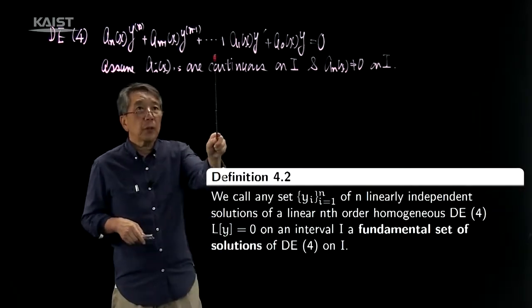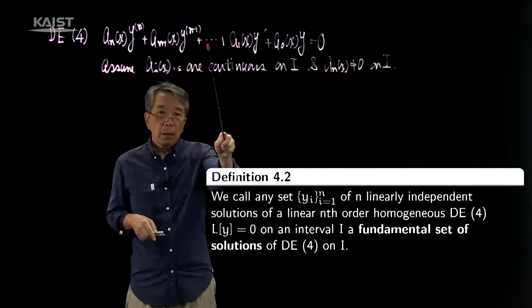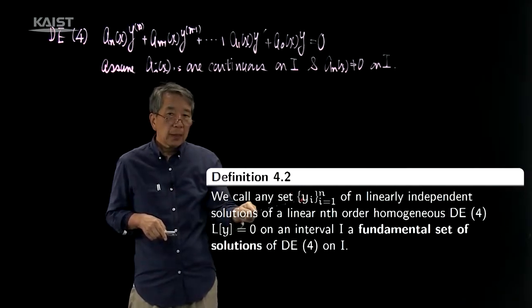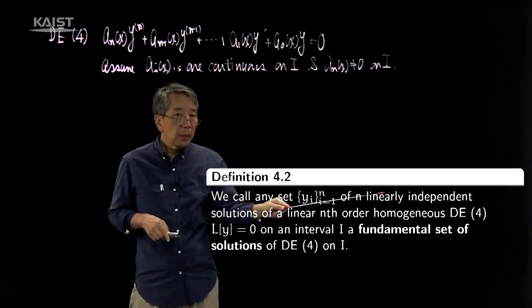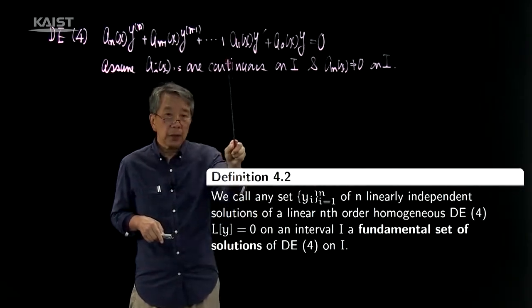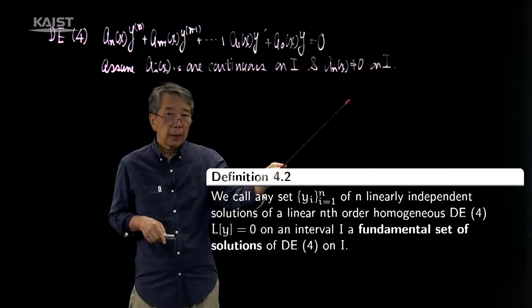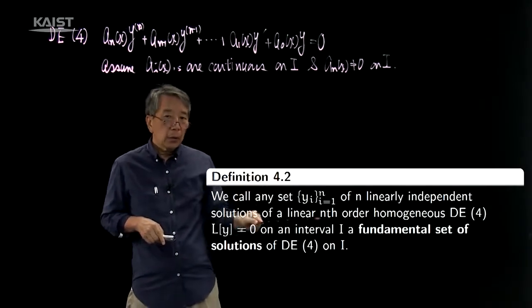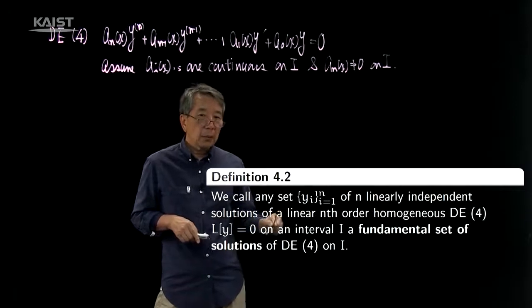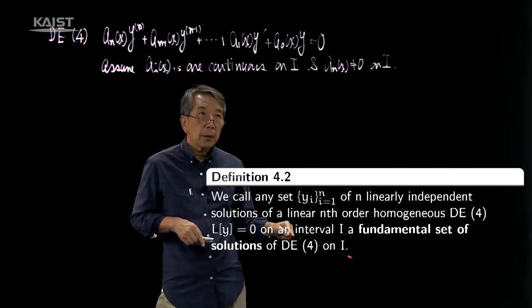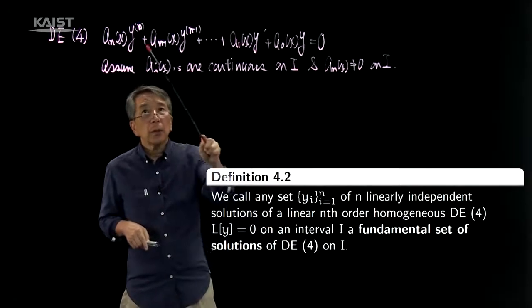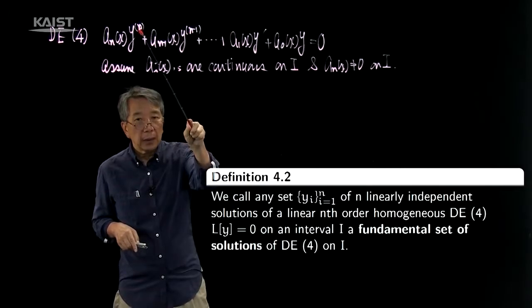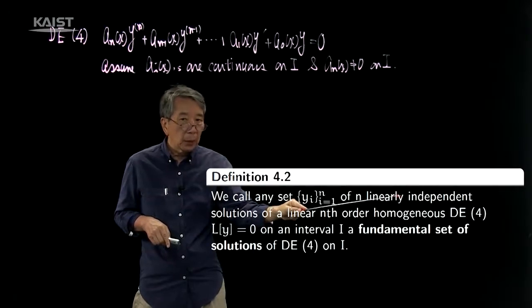For this differential equation 4, we call a set of n linearly independent solutions of that differential equation on an interval I a fundamental set of solutions of differential equation 4 on the interval I. You must note that the order of this differential equation, which is n, must coincide with the number of linearly independent solutions.